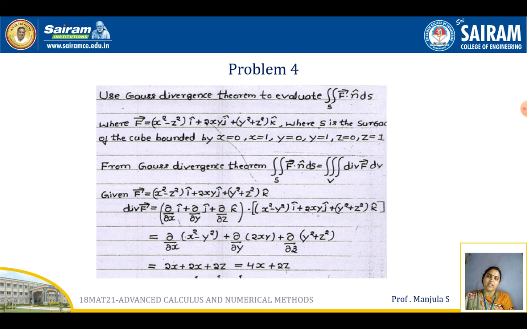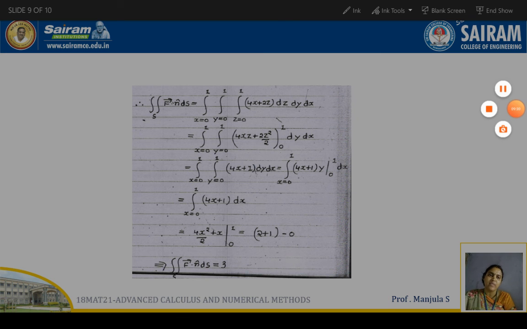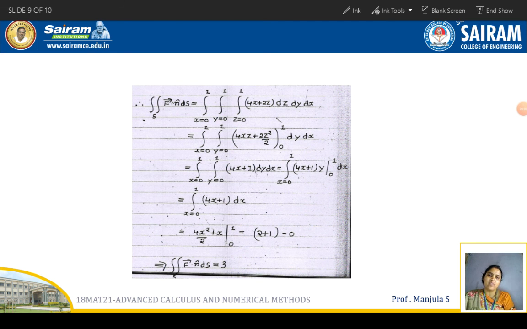Vector f is given, for that you just find the divergence. So that will become 4x + 2z. Once you get the divergence value, you just substitute it in the right-hand side of the formula. The limits of x, y, z are given in the question itself: x varies from 0 to 1, y varies from 0 to 1, and z also varies from 0 to 1.